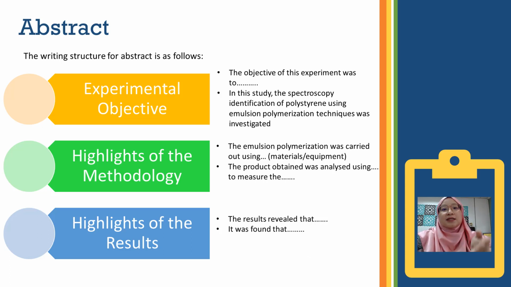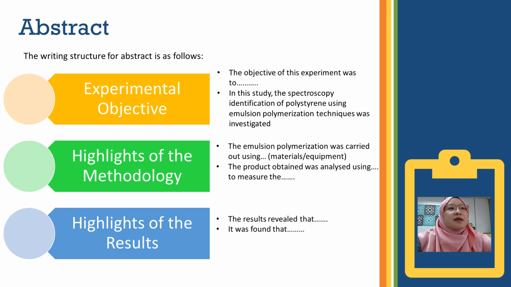Then go straight to the methodology. Just highlight the method that you used for the experiment. For example, the immersion polymerization was carried out using, and list out some of the materials and also the equipment. Not everything, just the most important things on how you got the product that you made in the experiment.